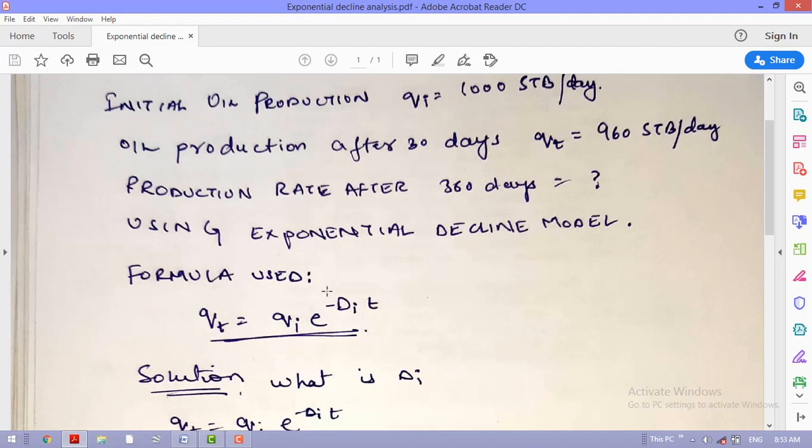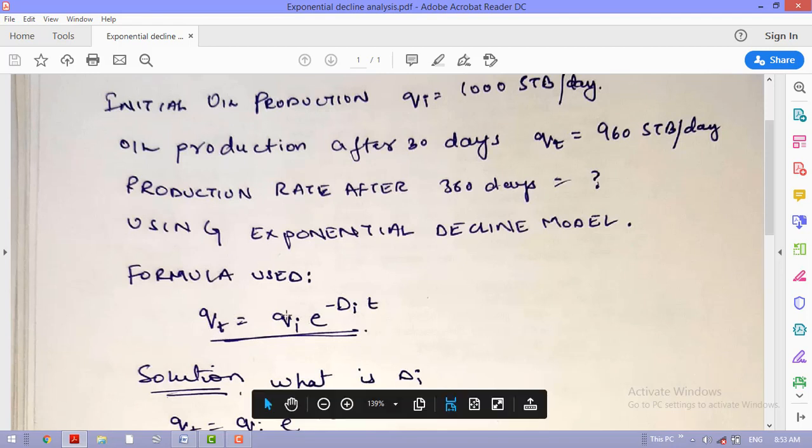What we don't have is DI, which is the slope or the decline per day, because we are finding in terms of days. D is the decline, or you can also say the slope, right? So first we are going to find the DI for this well, and after that we are going to find QT at the time of 360 days.